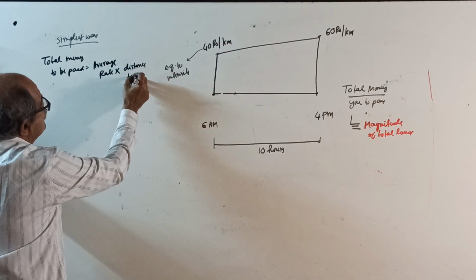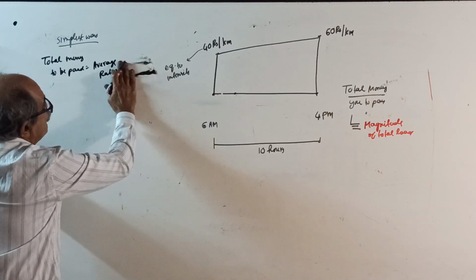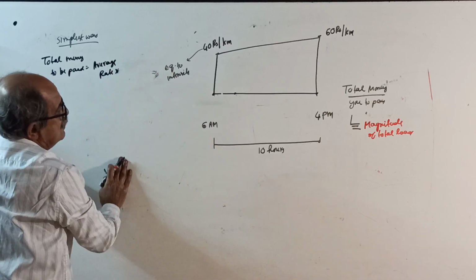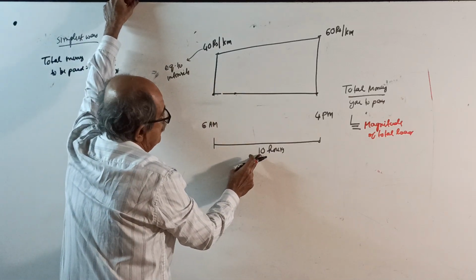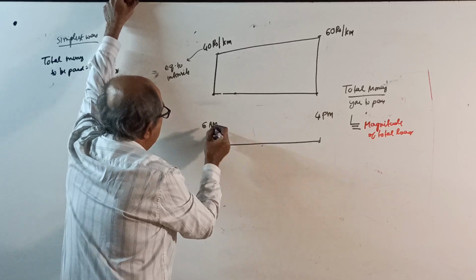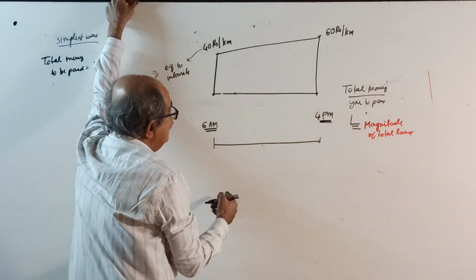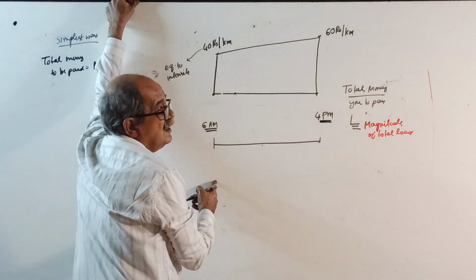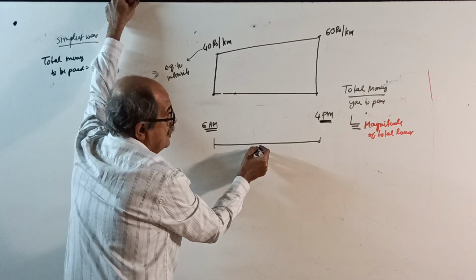Sorry, not distance traveled. Average rate into what? Not distance. Oh, sorry, I told 10 hours here. Okay, distance traveled, imagine, I should write distance traveled. From 6 a.m. to 4 p.m., imagine 10 hours are there. You traveled for, say for example, how many kilometers?